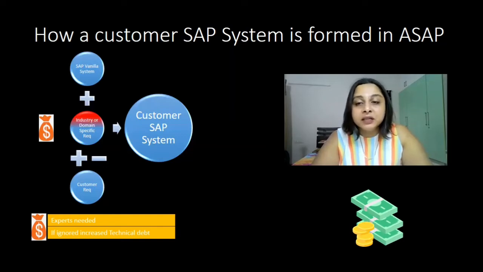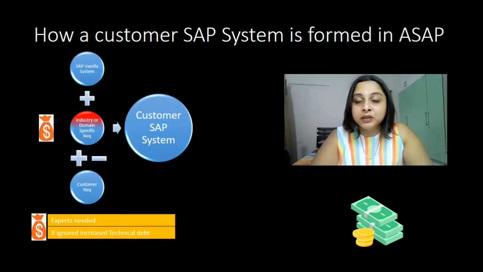And if these things are not done in the first place, it results in a lot of technical debt. Let's say a customer hires a low cost implementation partner, and they are not able to identify the industry specific processes, or they do not have the expertise which is needed because you are running the show on a low cost model.